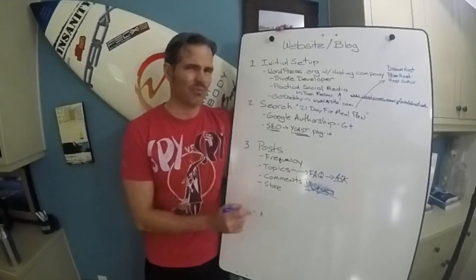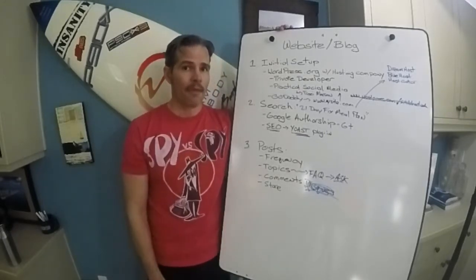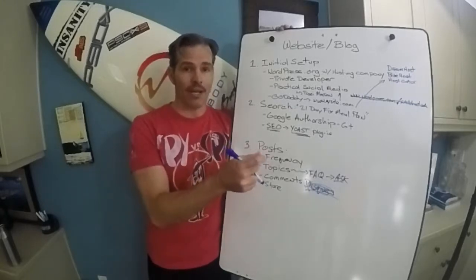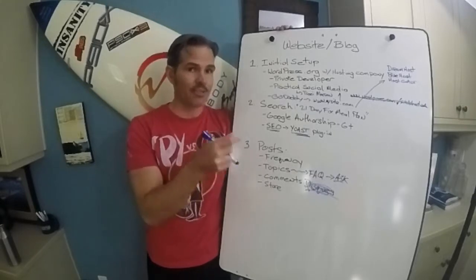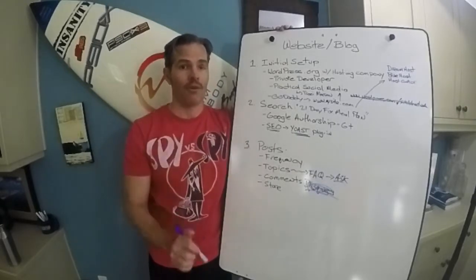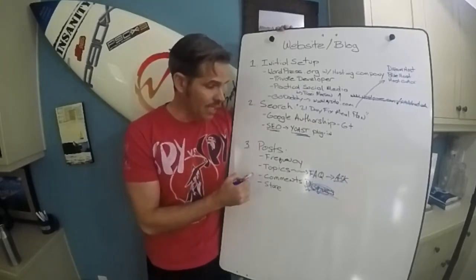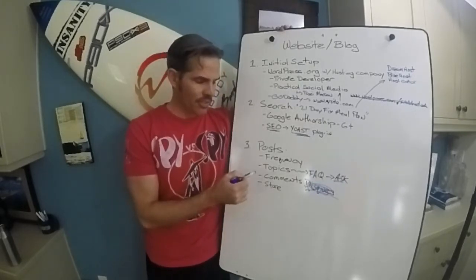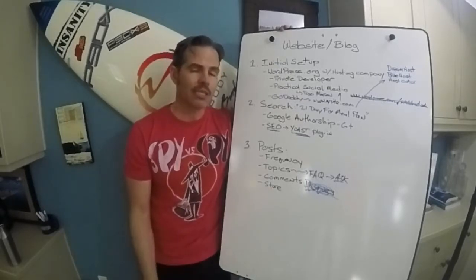If you're worried about this, you're worried about the wrong thing. You're going to be blogging to satisfy a group of people who don't give a shit about you, who want to see you fail. That is a recipe for disaster. You have to keep in mind that along the way, some people are going to leave comments you're not going to like, and you just delete them and block them.